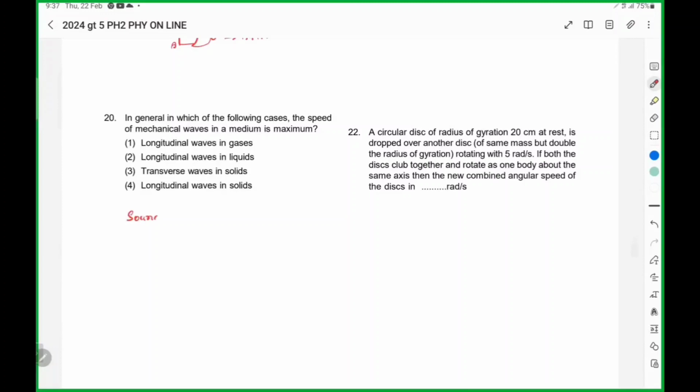Sound waves are both longitudinal and transverse. But here the speed of mechanical waves is maximum.